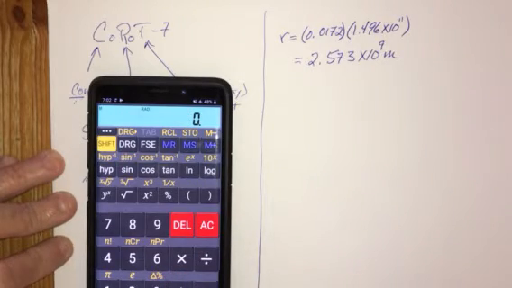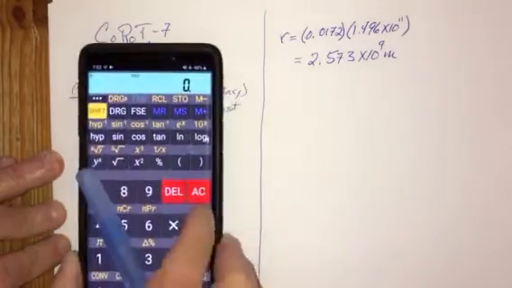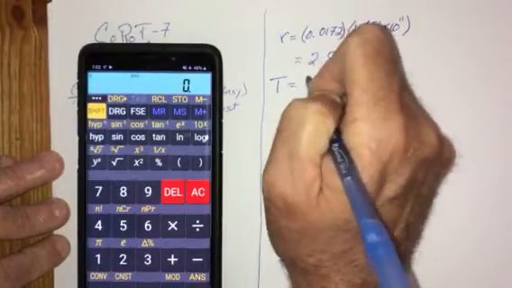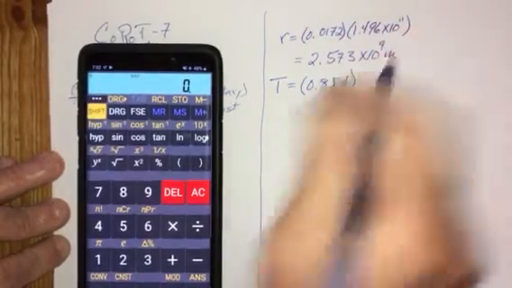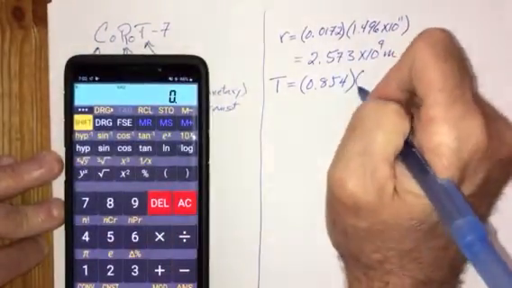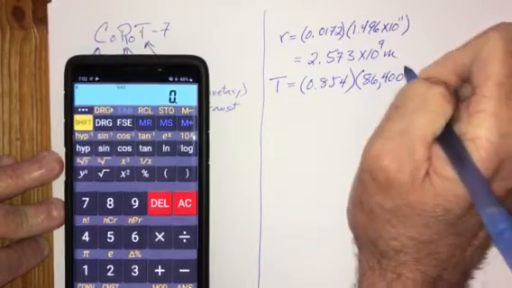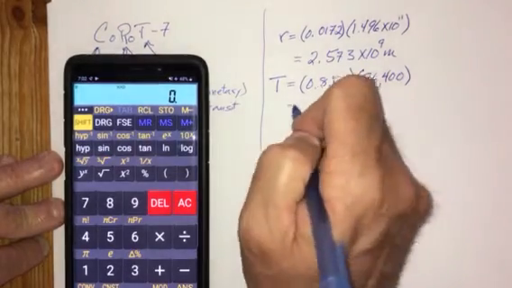The next thing that we want to do is take 0.854 days and convert that into seconds. So T is 0.854 days. Make sure I got that right. That's 0.854. And we're going to multiply that by 86,400 because there are 86,400 seconds in one day.